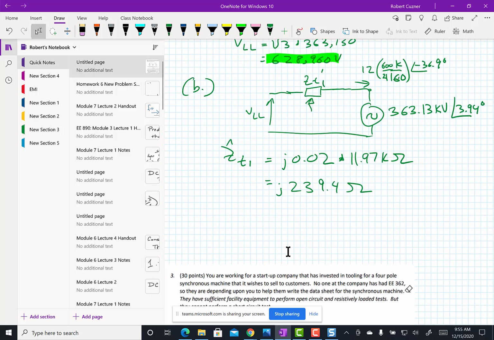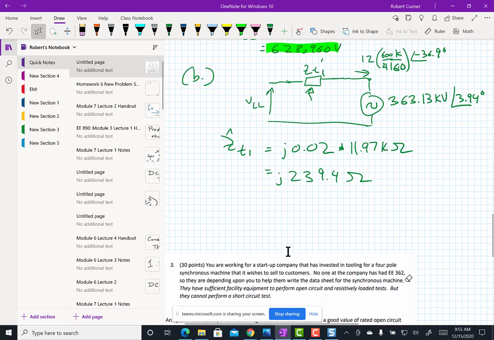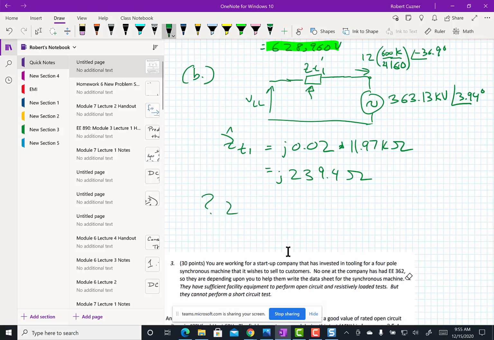I'm saying to myself, do I know for sure, is ZT1 prime simply equal to, I know it's going to end up being a lot lower than the impedance on the other side, so I would be 4160. I don't even have to remember the formulas, but these are the line-to-line voltages.